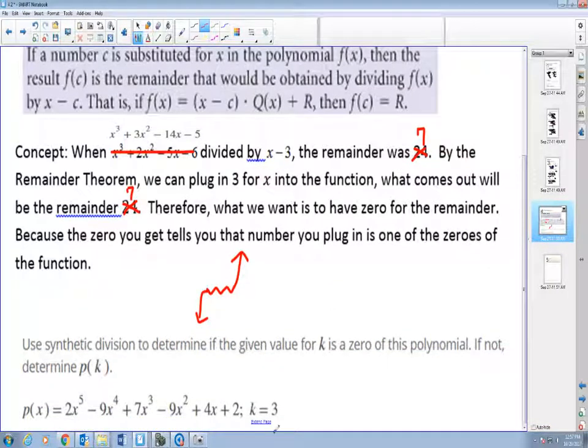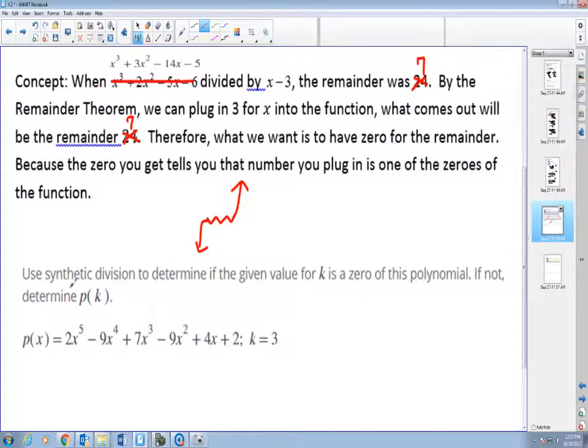Alright, so in this example, use synthetic division to determine if the given value for k is a 0 of this polynomial or not. If not, we can determine what p of k is.